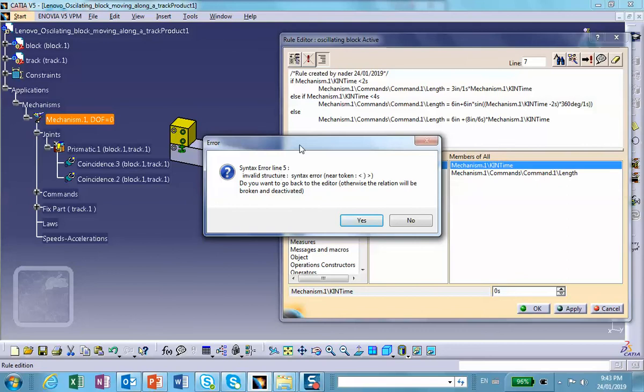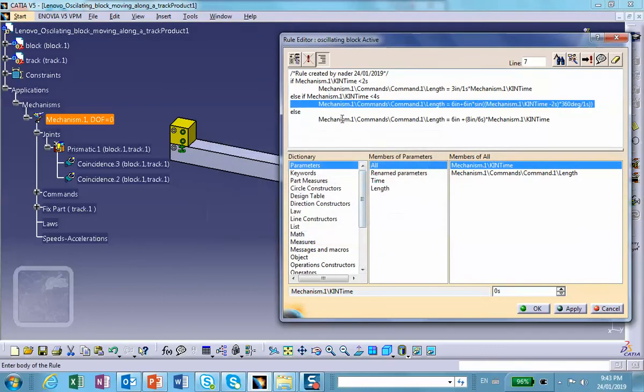It says line 5. Line 5 is down here. I must have, let's see, line 5. 1, 2, 3, 4, 5. Okay, so let's see. This one is okay. The length is equal to 6 inches plus 6 inches times sine of.